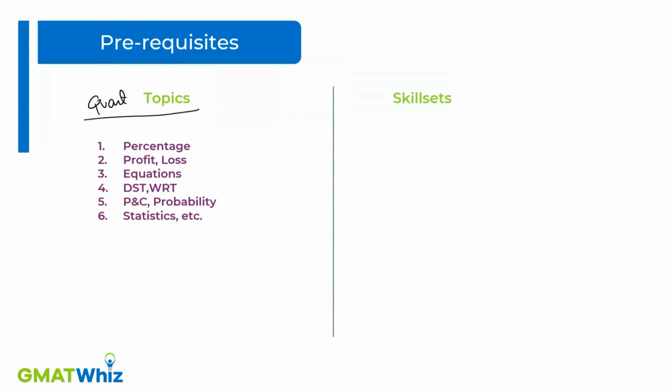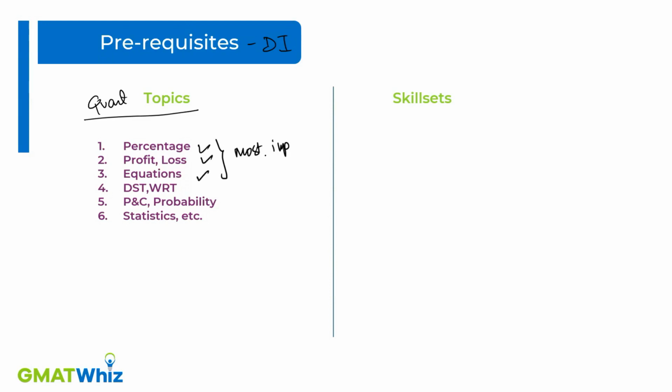When you solve any DI questions, data insights questions or integrated reasoning questions, there are some quant topics that I would expect you to already know, and if you do, it should really be helpful: percentages, profit and loss, equations, speed, distance, time, work rate, permutations and combinations, probability, statistics, and sets, etc. Especially the first 3 topics are the most important ones. These are the topics you should be familiar with when solving data insights questions.